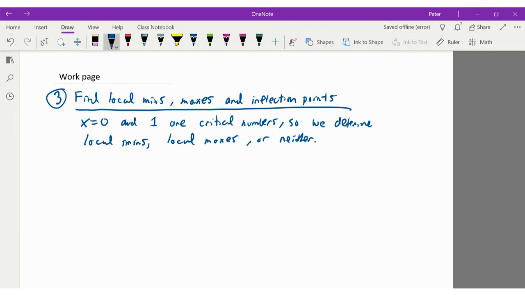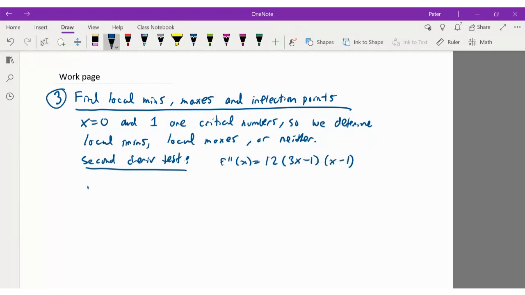So first thing we can do is use the second derivative test. We can at least try it on these points. So recall that f double prime of x is 12 times (3x minus 1)(x minus 1). So let's plug in the 2 critical numbers.